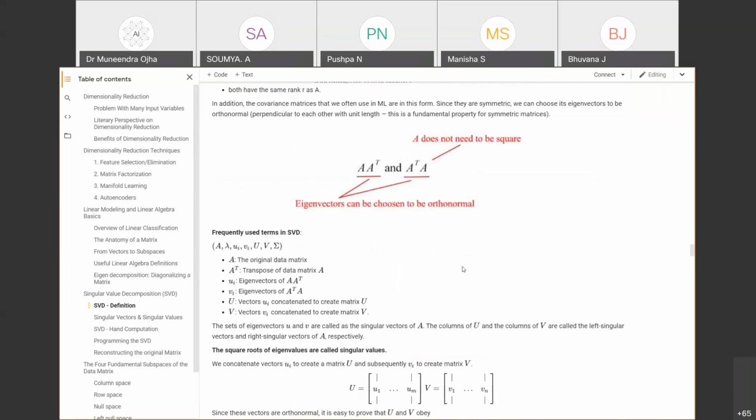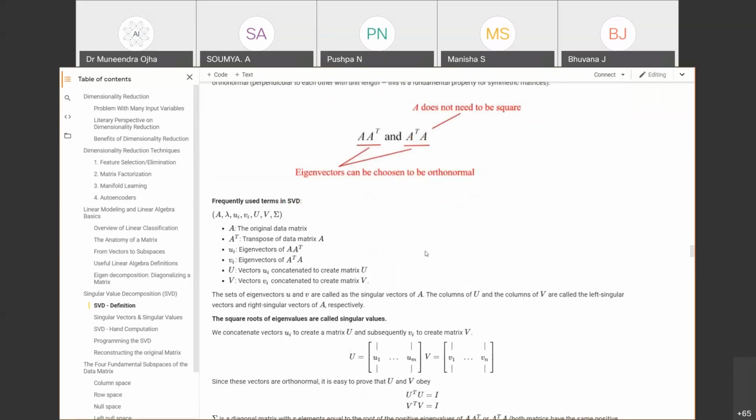Now, what I have obtained over here is that I had that data matrix A, I created A A transpose and A transpose A. From A A transpose, I got this set of eigenvectors ui. I concatenated those ui to create a matrix U. From A transpose A, I got the set of eigenvectors vi.